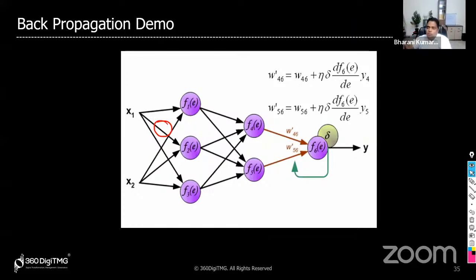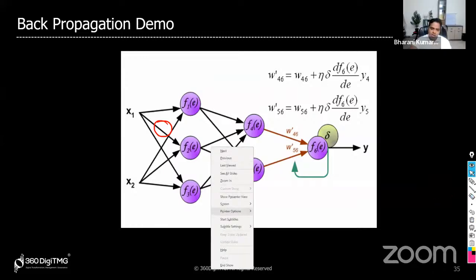Now with these new weights, once again forward pass, calculate the loss, again back propagate, update the weights, keep doing it. Rinse and repeat, continuously keep doing that.